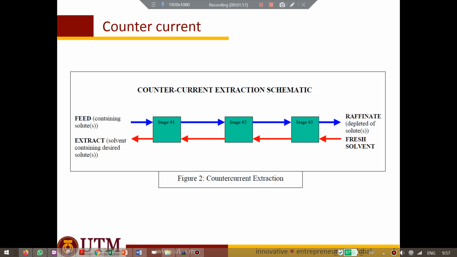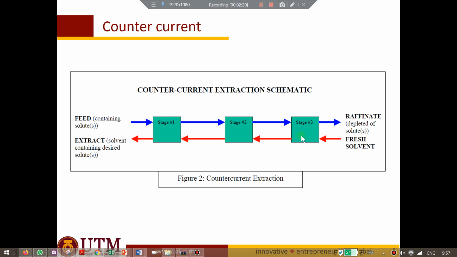Again, for the counter current LLE to be productive, it must be continuous. Okay, sebab kalau tak, dia macam tak efficient sangat lah. So what happens again, yang ni dia akan berjalan continuously. Stage 1 pergi ke stage 2, dia akan pergi stage 3, stage 3 dia akan pergi balik stage 1, stage 1 pergi stage 2, stage 2 pergi pada stage 3. Dan fresh solvent dia akan continuous extract.